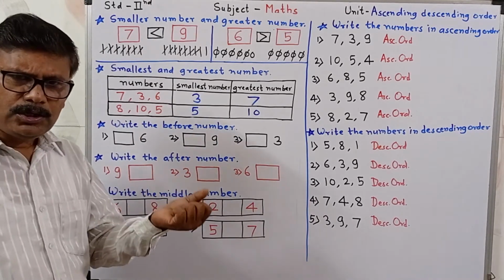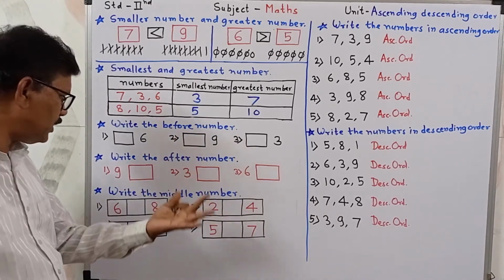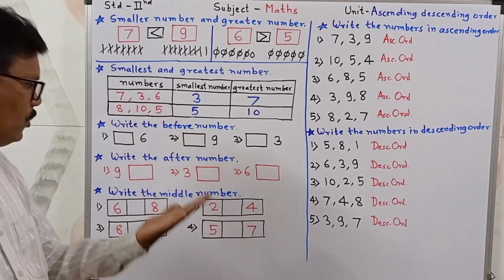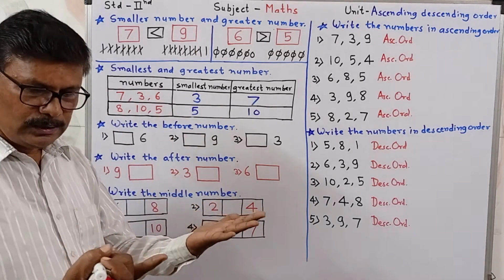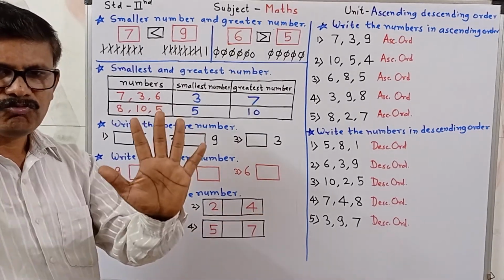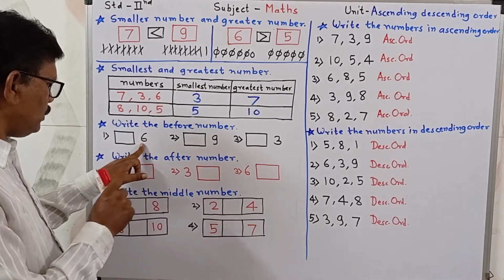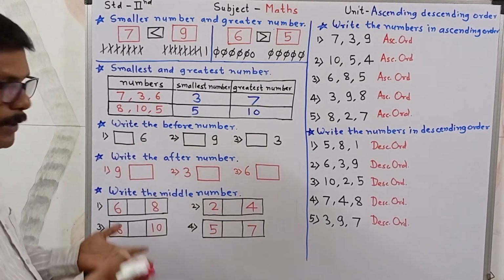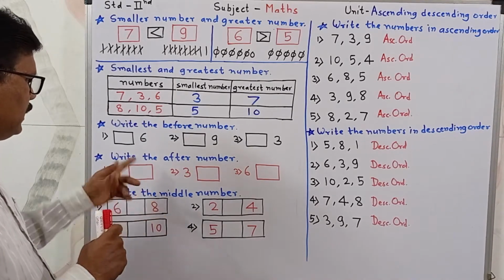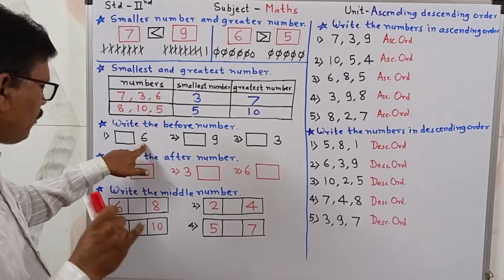So count 1, 2, 3, 4, 5, 6. Okay, 6. So subtract 1, 5. Okay. If we count 6 fingers, then we subtract 1 from 6.